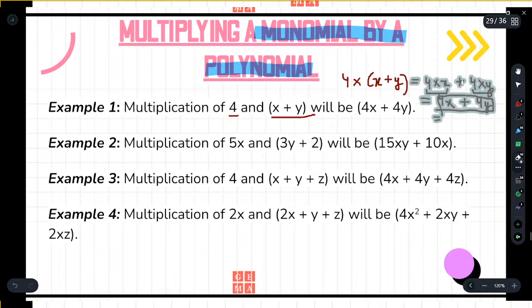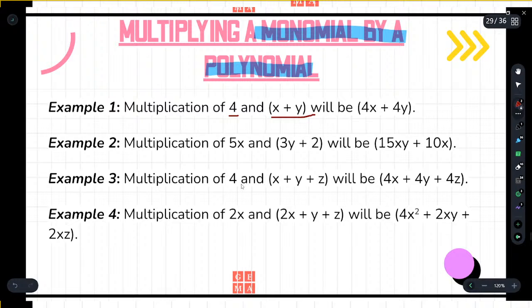Yes, like we have got here. Isn't this easy? Let's move on to example number 2 then. 5x and 3y plus 2 is nothing but 5x into 3y plus 2. And we will have to multiply it with the individual terms inside the bracket. 5x into 3y plus 5x into 2.